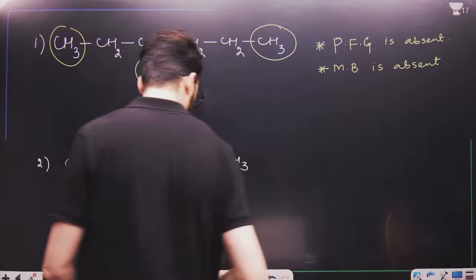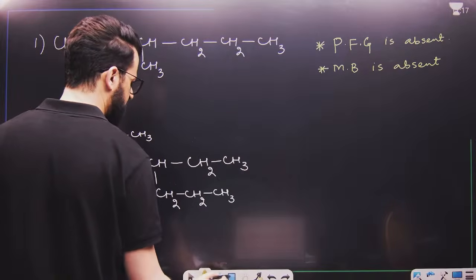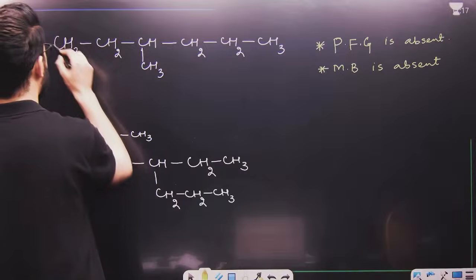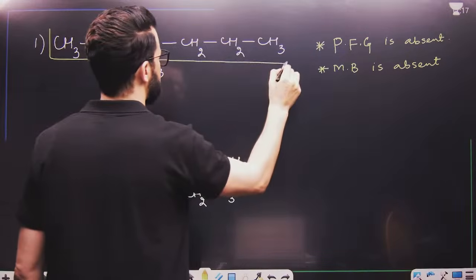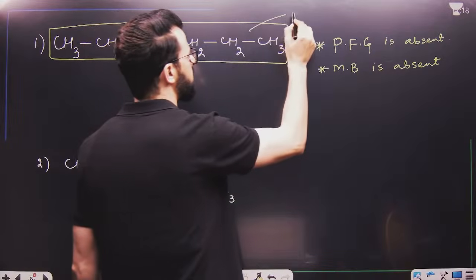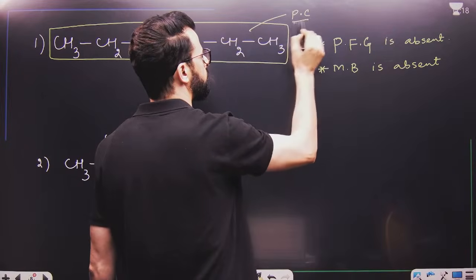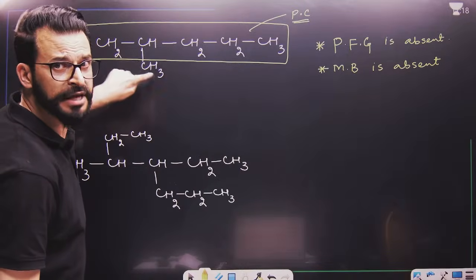So let me show then the parent chain. Can I simply say this is our parent chain? Now tell me, can I say this is not part of the parent chain?